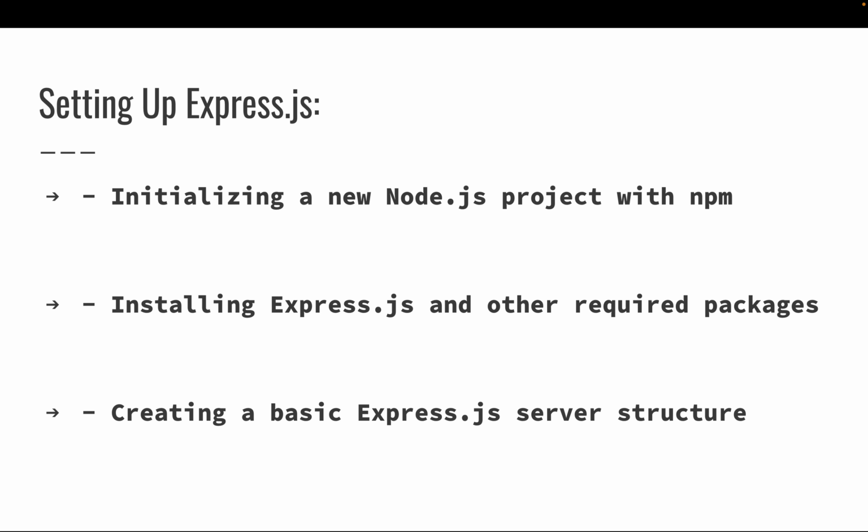It's basically just 3 packages because we're going to make it very simple and basic for you. We're going to install Express, which is the main framework, and SQLite, which is the in-memory database, and then we'll create the basic Express server structure, which you will see in a couple of moments.